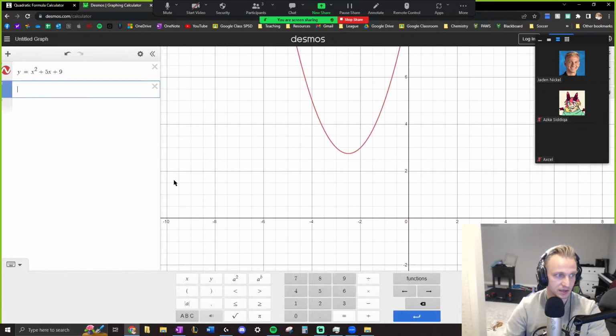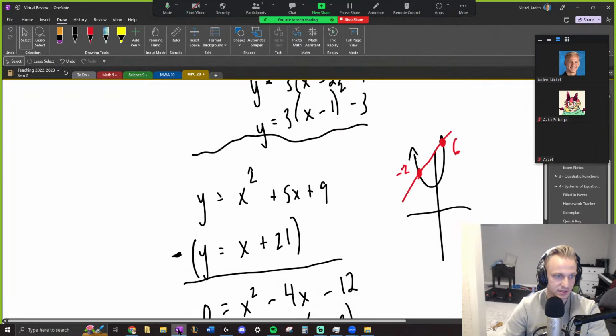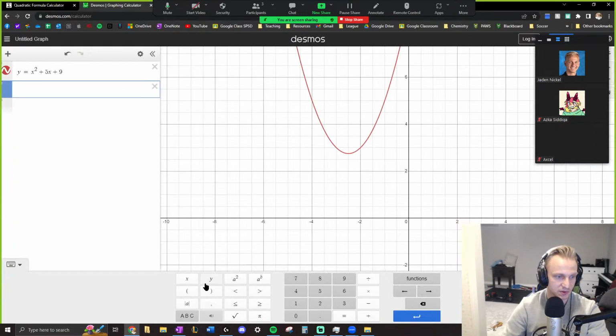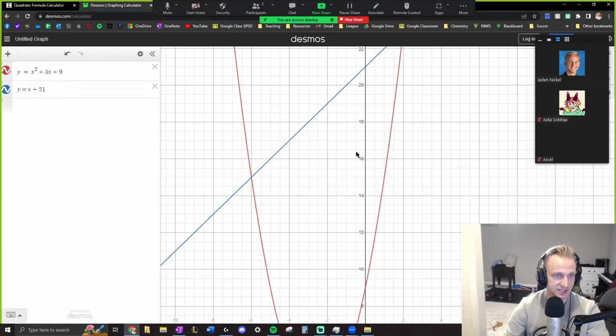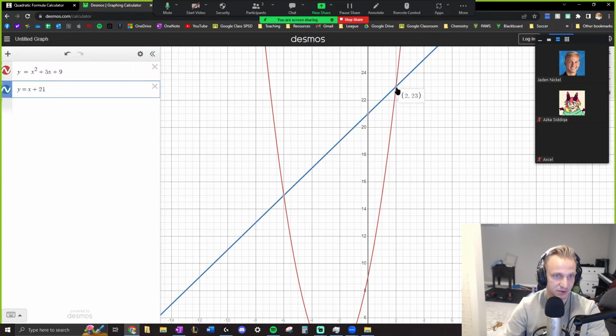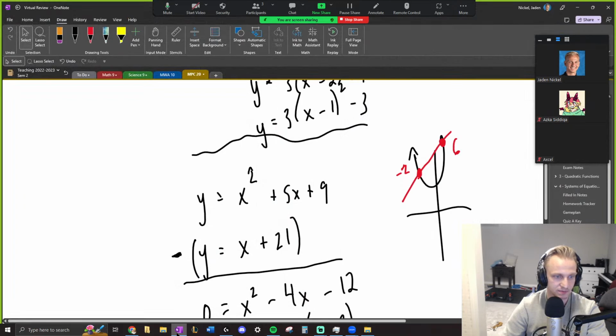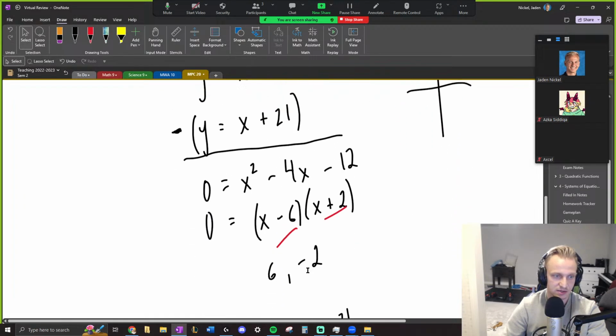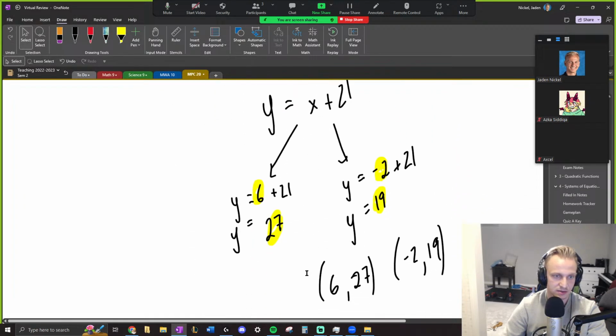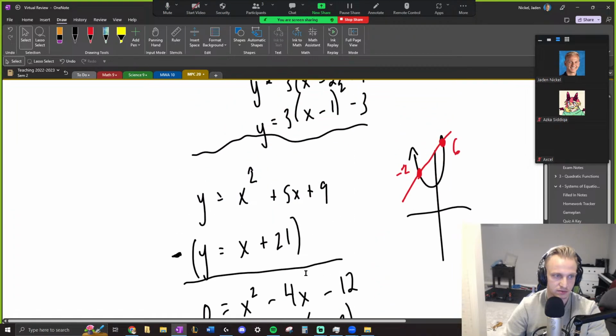And then the other one was y is equal to x plus 21. And you can see exactly as I described up here with those two coordinates, probably added something wrong here. What did I add wrong?